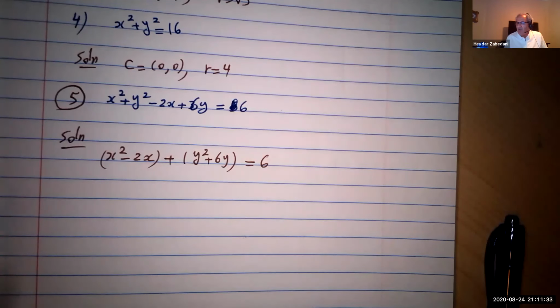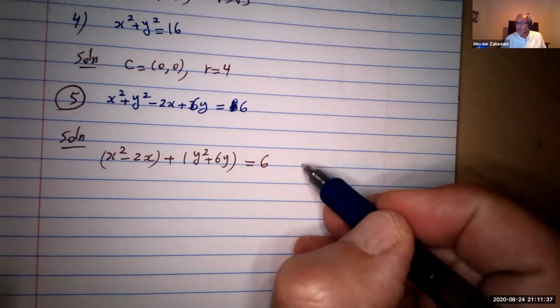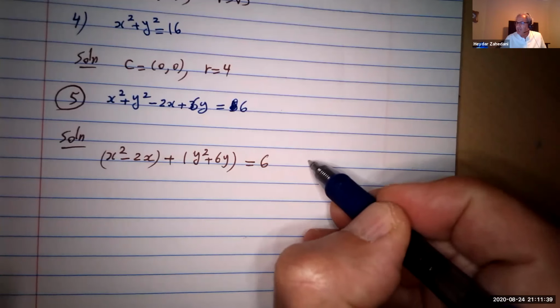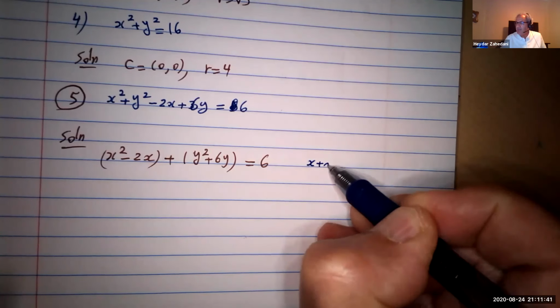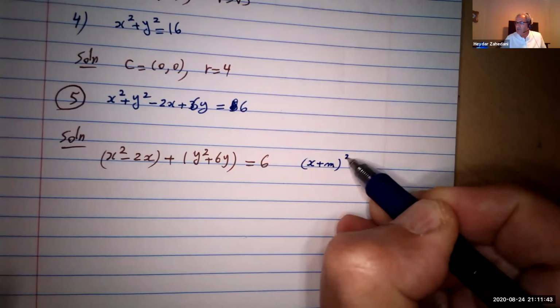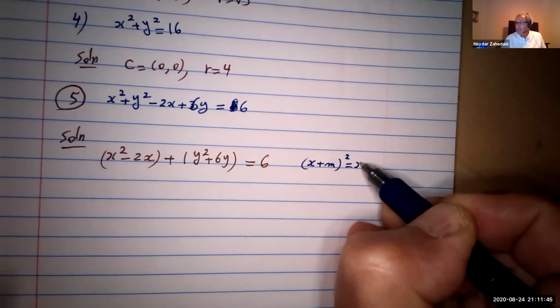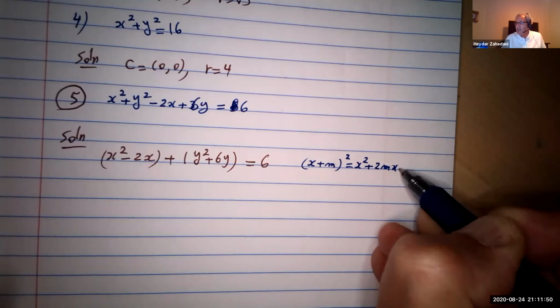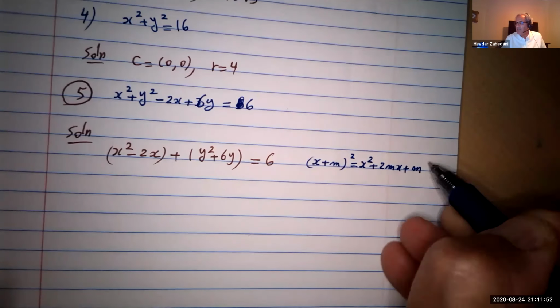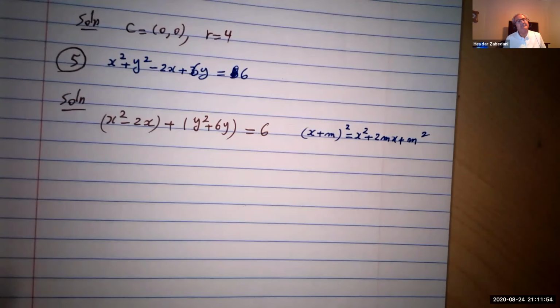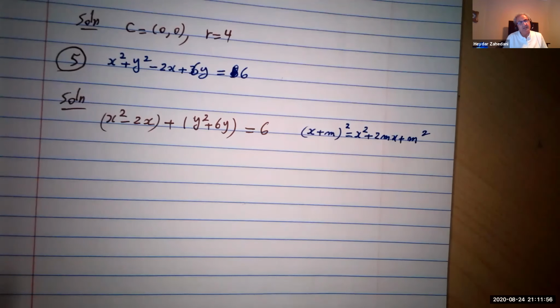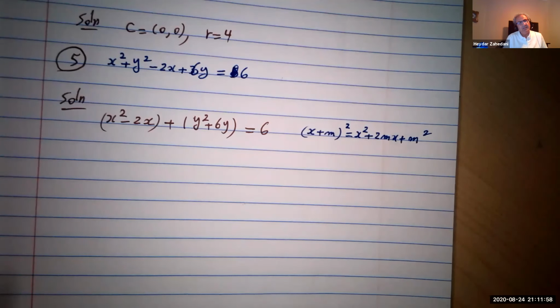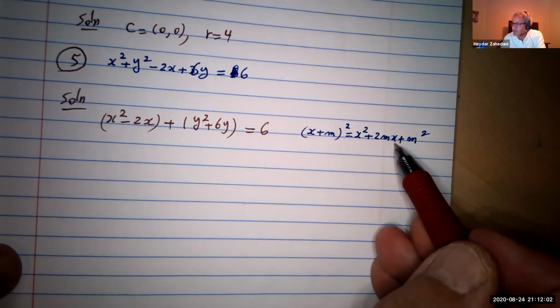So when you have a complete square, look at this one. If you have something like x plus m whole squared, that gives you what? That gives you x squared plus 2mx plus m squared. This is the complete square, or the square of the binomial. The difficulty for this problem is this part is given to you, see?